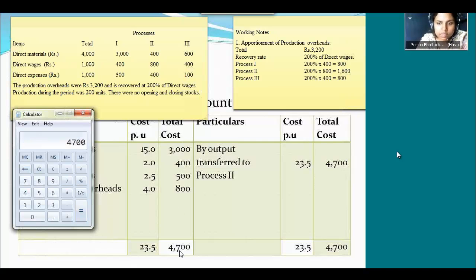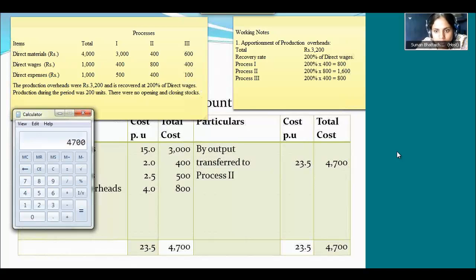So this is the total of the debit side. So the total of the credit side should be 4,700. So the balancing figure will be total cost column 4,700 and cost per unit 23.5 rupees. This balancing figure will be the output of process 1.